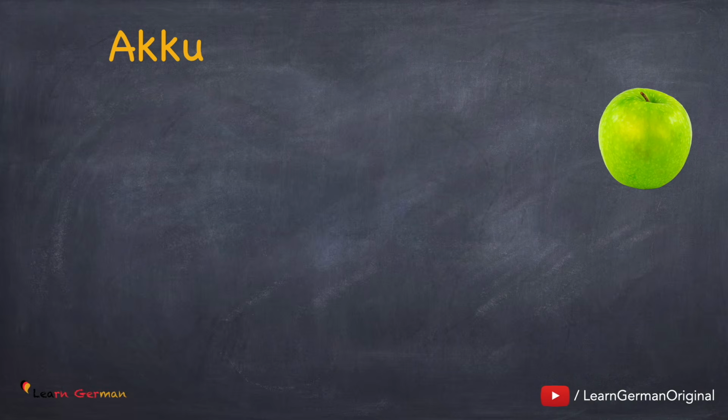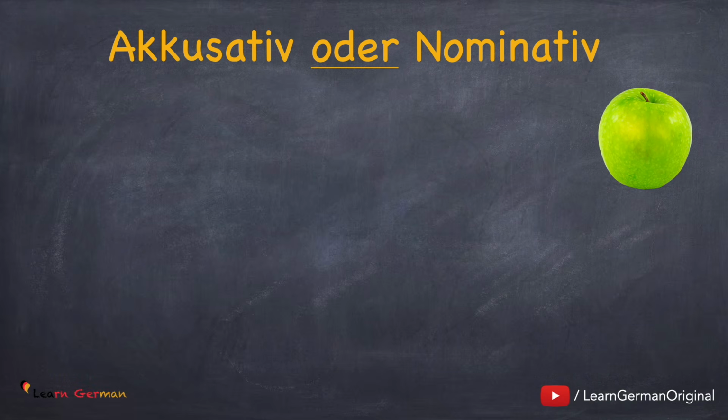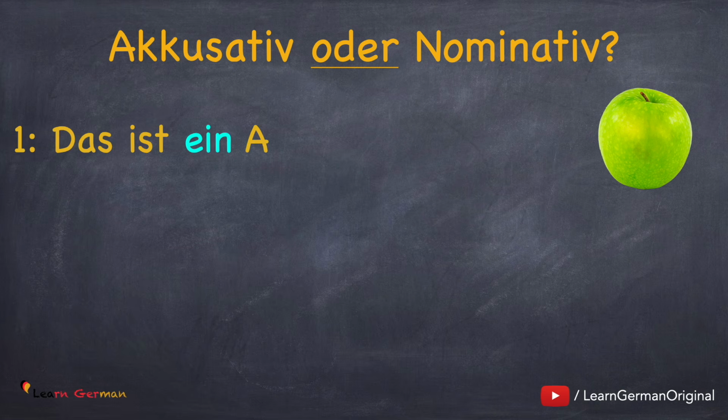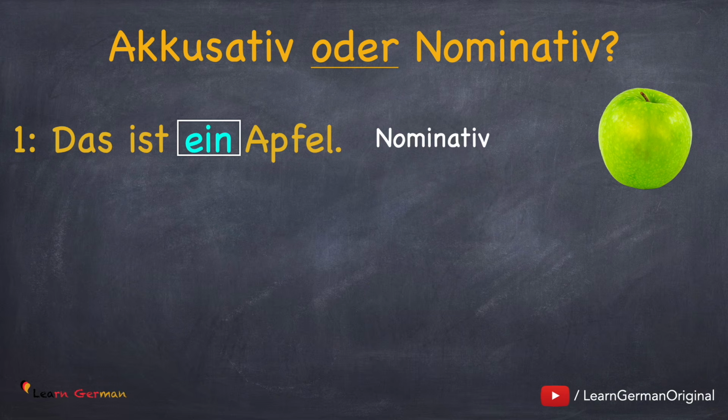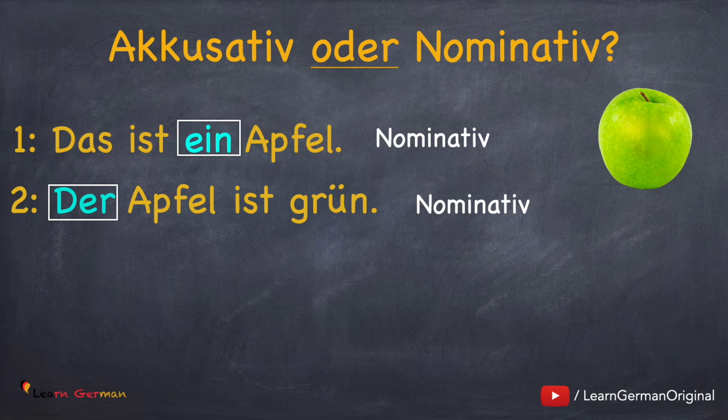Summarizing everything we have learned today, let's look at a few sentences to make it easier to differentiate between nominative and accusative. Das ist ein Apfel. The article for Apfel is der. In this sentence, it is nominative subject. Also in the next sentence, der Apfel ist grün.